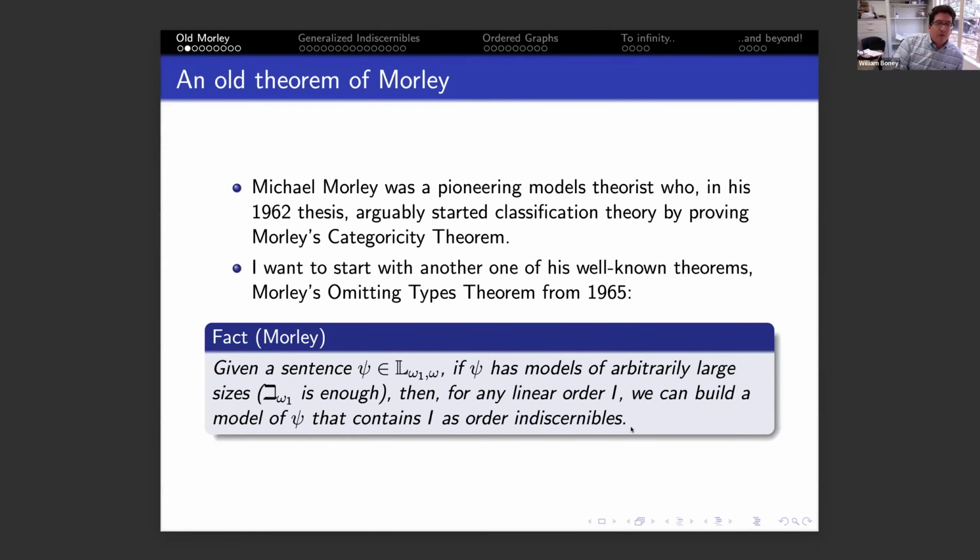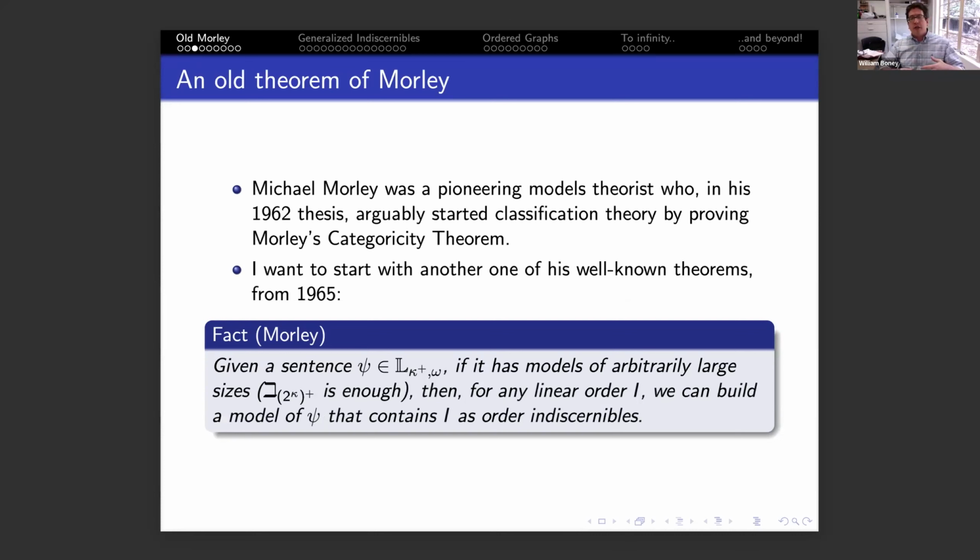And, I don't know exactly the history of this, but without too much more work, you can extend this from L_{ω1,ω} to L_{κ^+,ω}, where if you have models of arbitrarily large size, here the threshold, this Hanf number, becomes beth_{(2^κ)^+}. Then you can do the same thing of building indiscernibles. And so this is Morley's omitting types theorem.